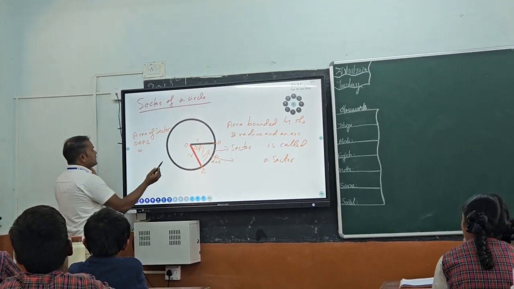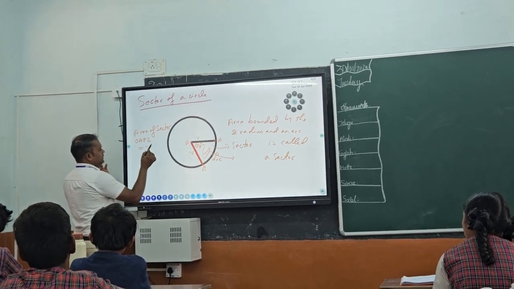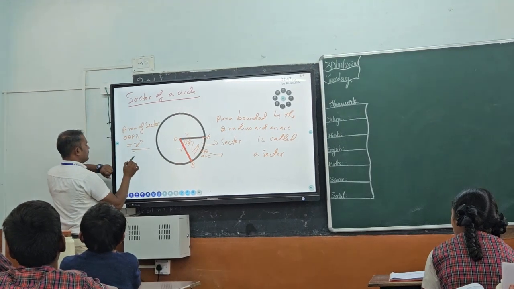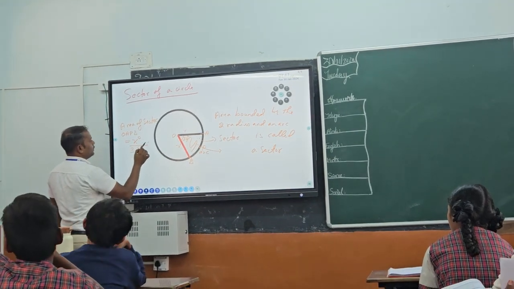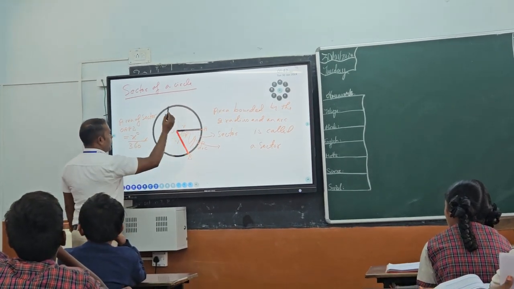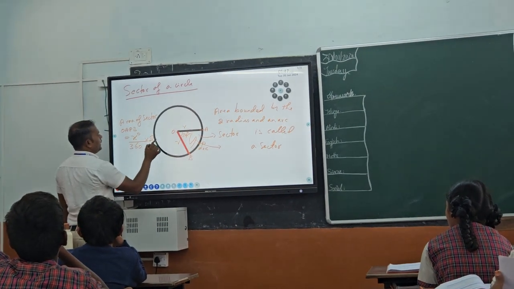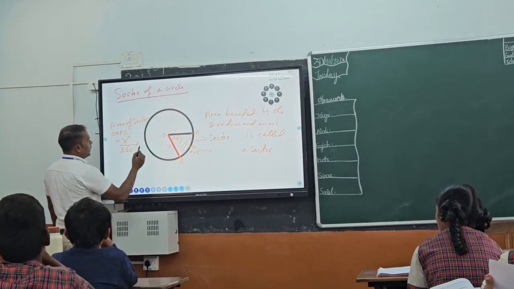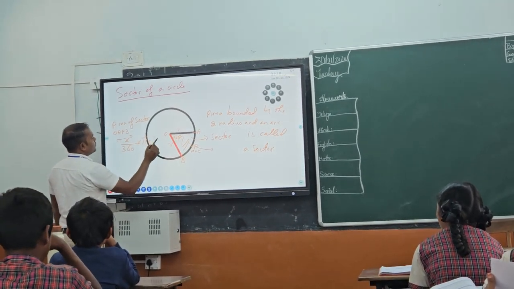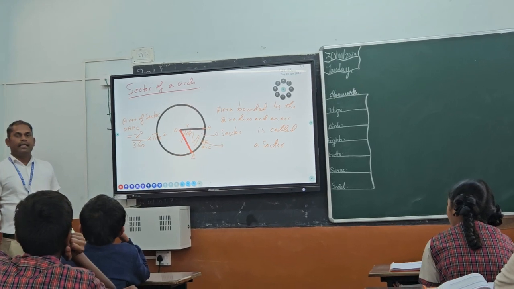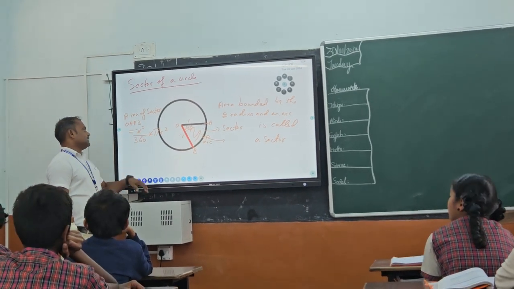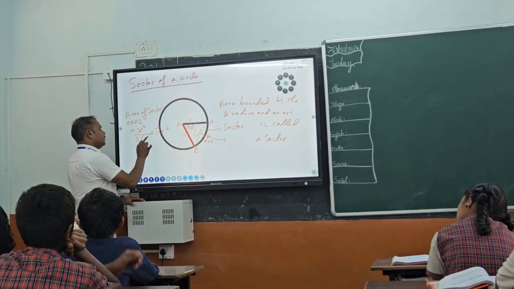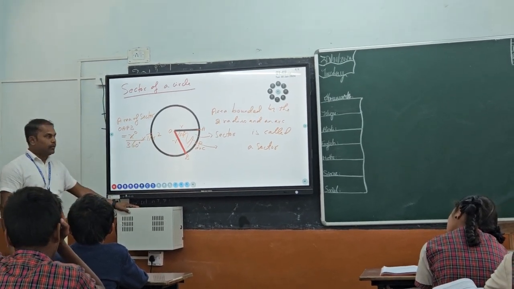So, area of a sector formula is x degree by total degrees in a circle. How much degree is there? 360, into, since it is a part of area, use the area formula. What is the area formula? Pi r square. So area of a sector is x degree by 360 degree into pi r square.